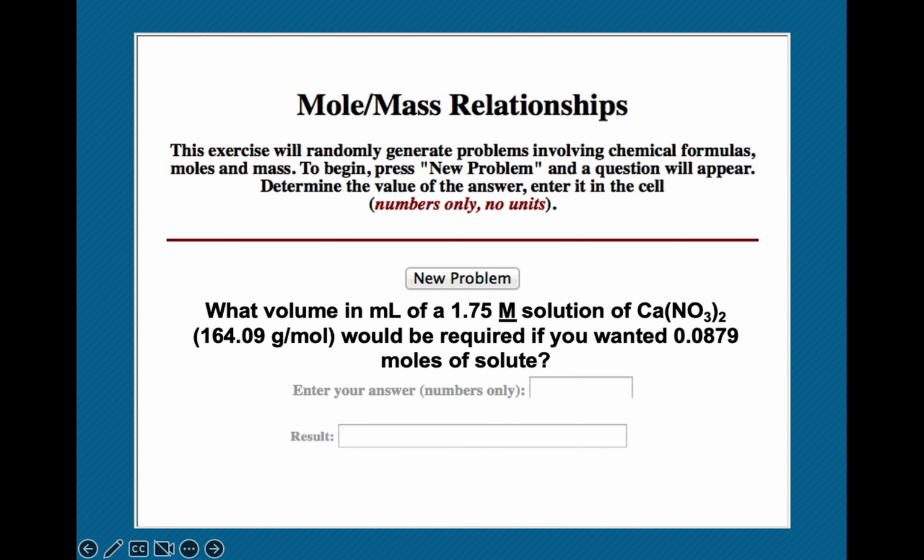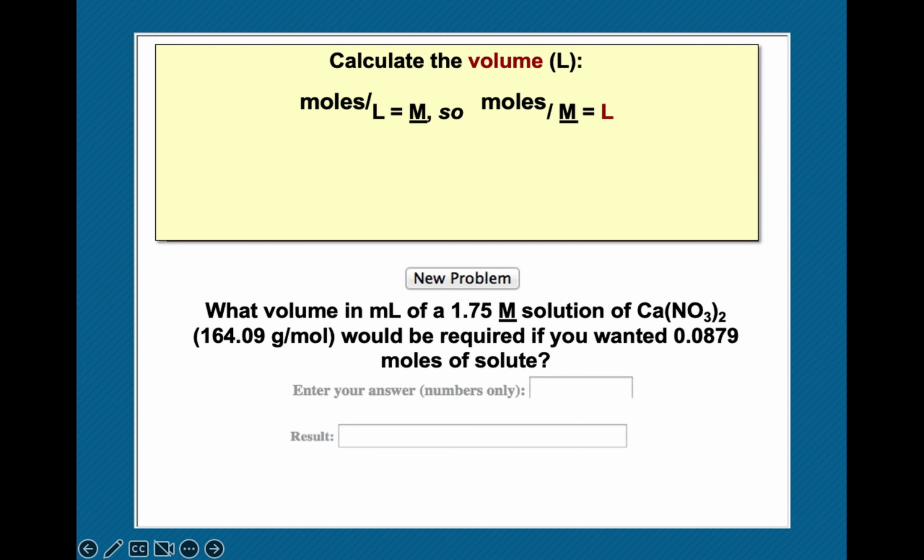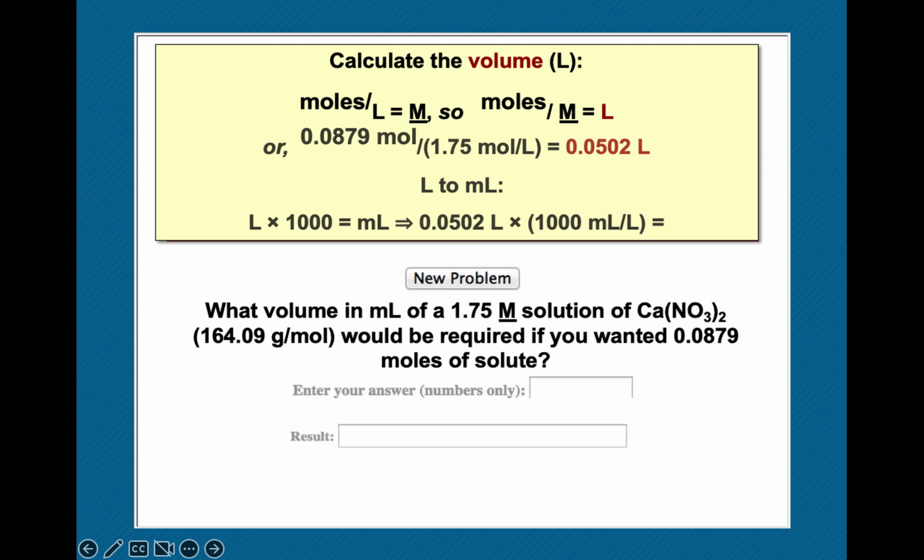Volume we know is going to be moles divided by molarity. Simply substitute. We wind up with 0.05 liters. Convert it to mLs by multiplying by 1,000: 50 mLs.